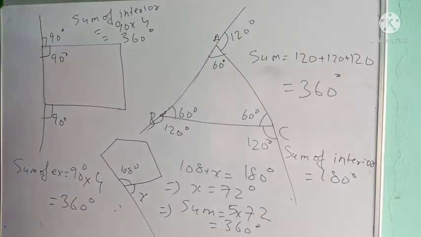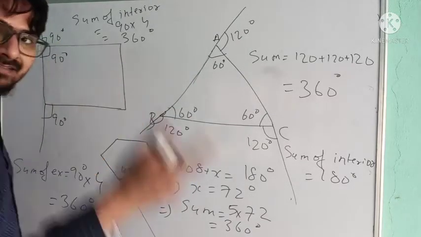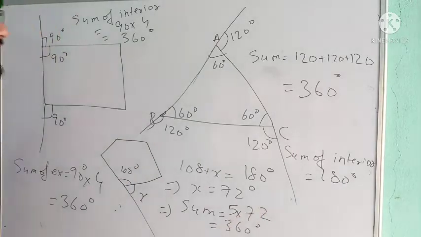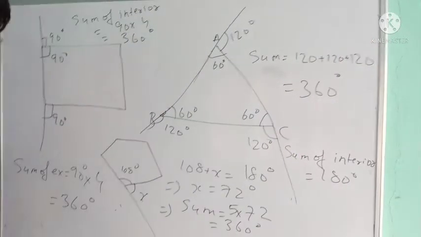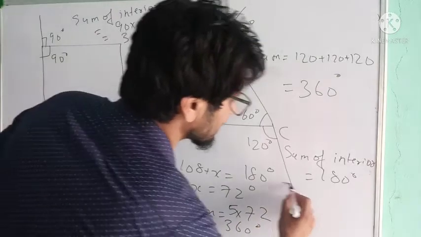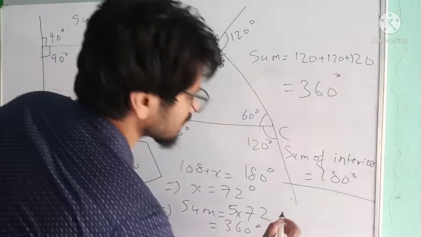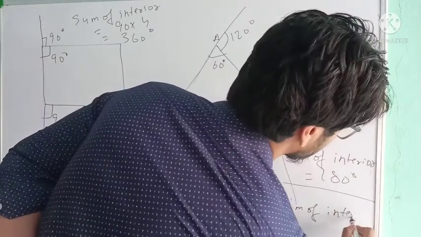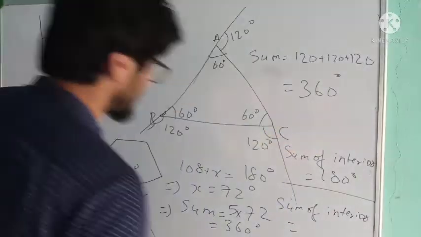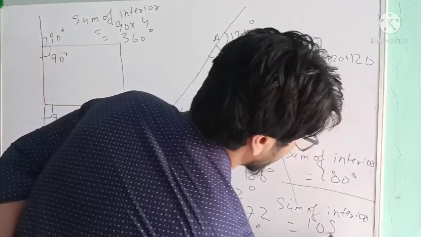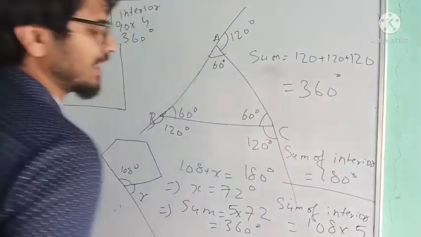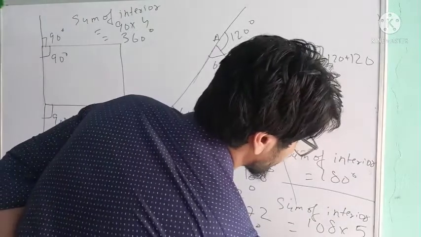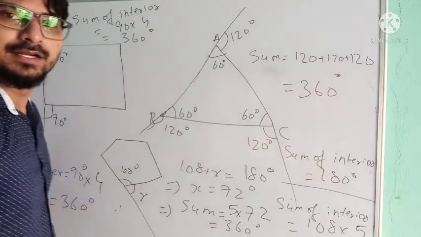What about the sum of the interior angles? 108 is the interior angle, so you can do 108 into 5. Where should I do it? Okay, this side I am doing it. So the sum of interior angles is 108 into 5. How much will you get? 540.